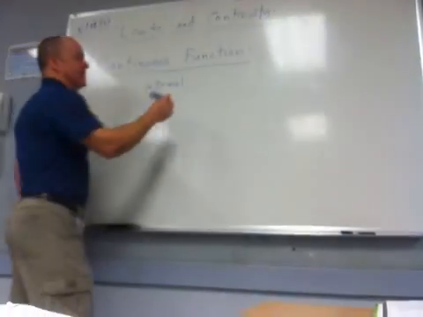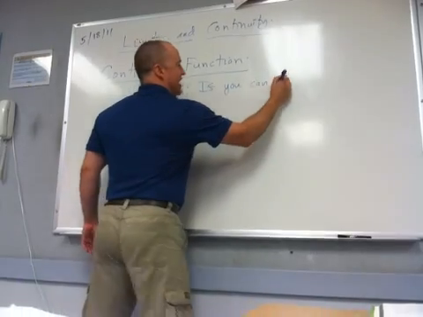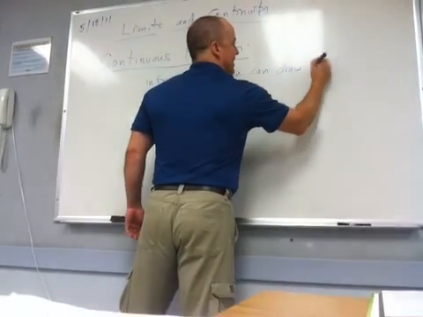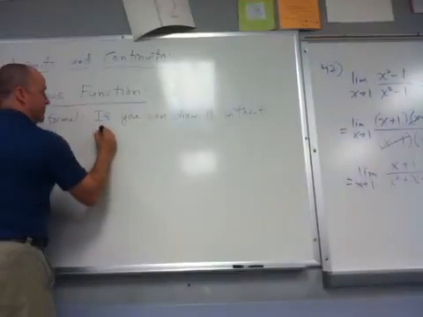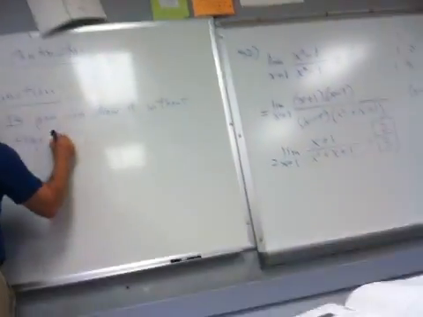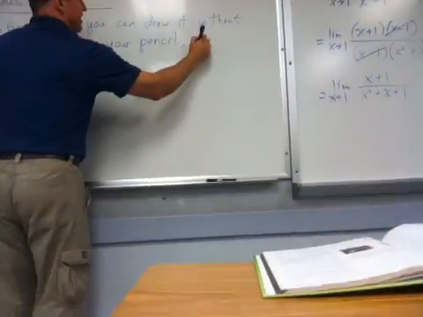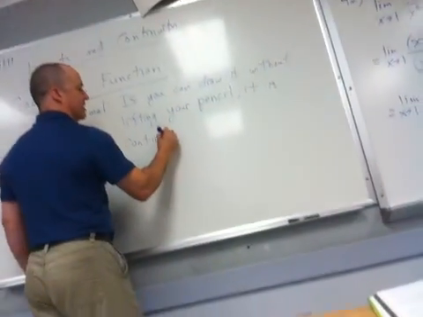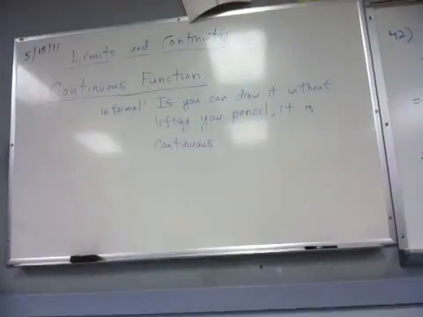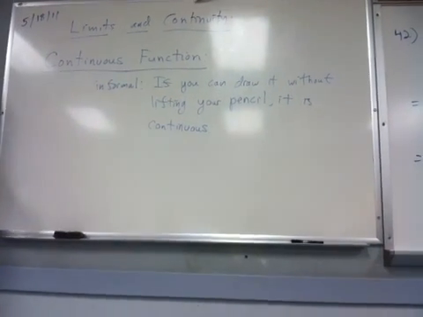Informal definition is if you can draw it without lifting your pencil, it is continuous. You can draw it without lifting your pencil. It is continuous. So like a line. A line, every line. Good.